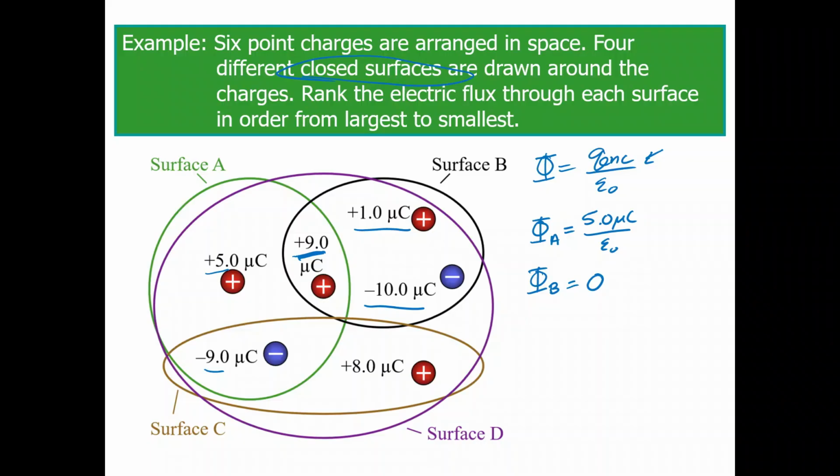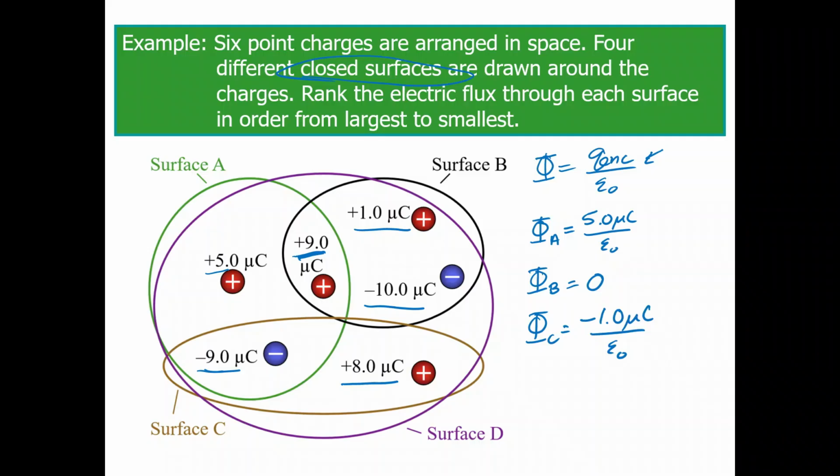There are enclosed charges, but when you add up those charges, they add up to 0. C has the negative 9.0 microcoulombs and the positive 8.0 microcoulombs. So that is going to give us negative 1. So our flux for C is going to be negative 1.0 microcoulombs divided by E naught.